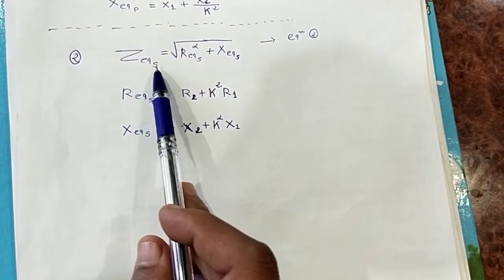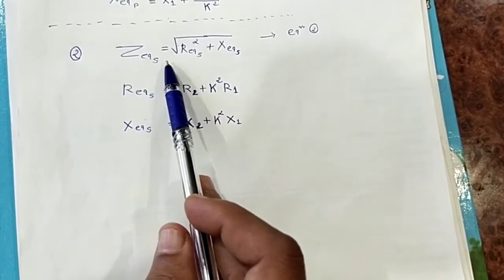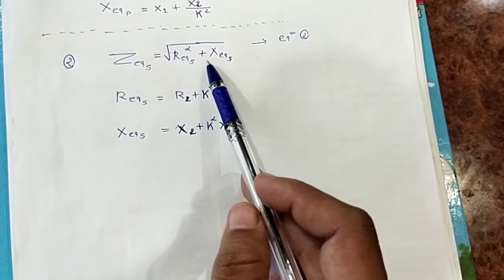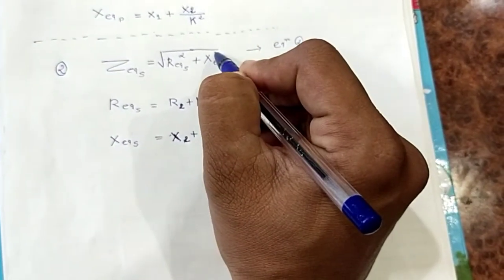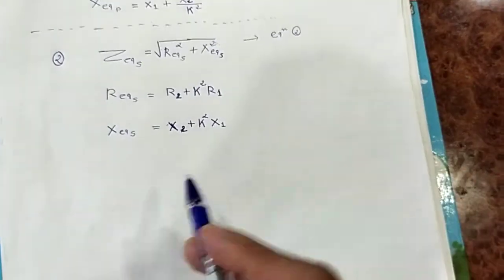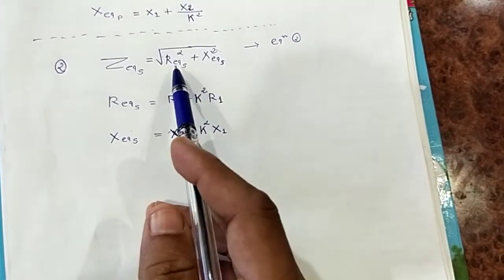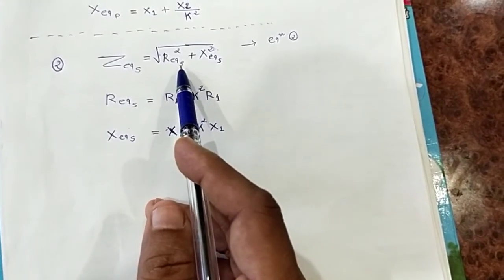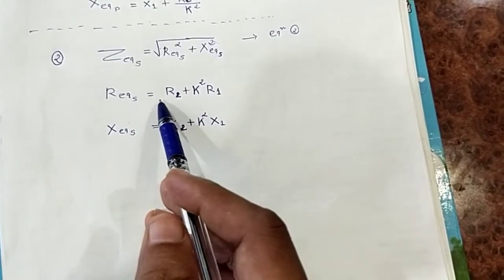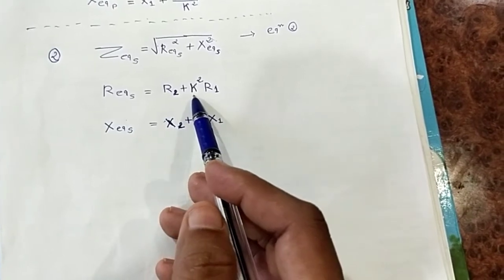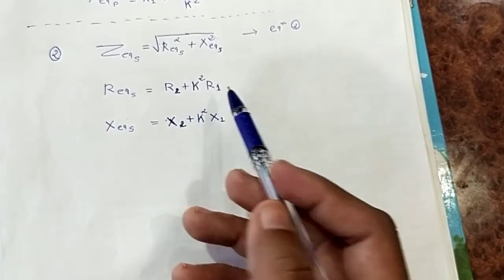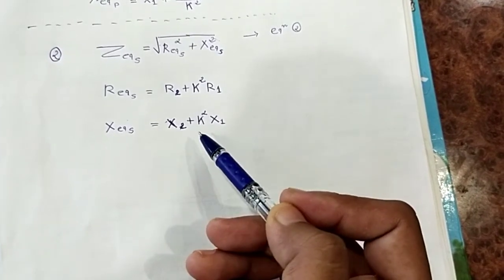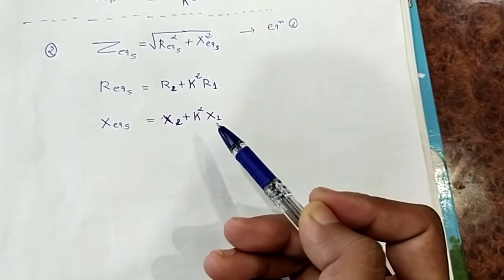Equivalent impedance of secondary is under root of R equivalent of secondary whole square plus X equivalent of secondary whole square. Here in this equation two quantities are unknown. Now let's find out. R equivalent of secondary is equal to R2 plus K square into R1, and X equivalent of secondary is equal to X2 plus K square into X1.